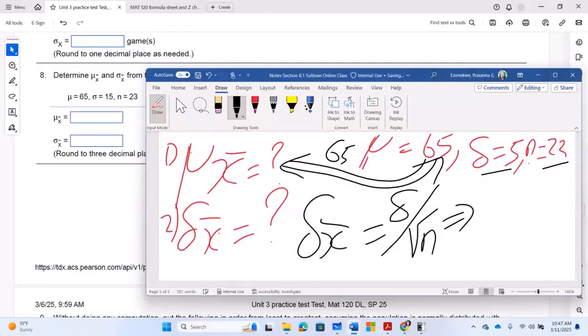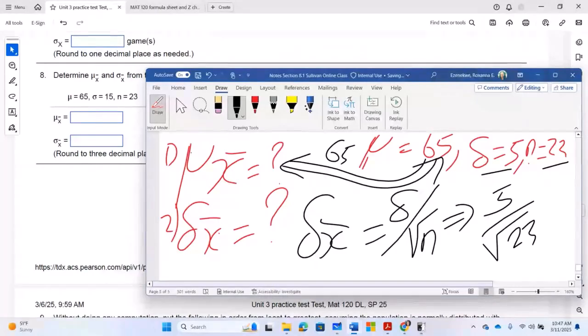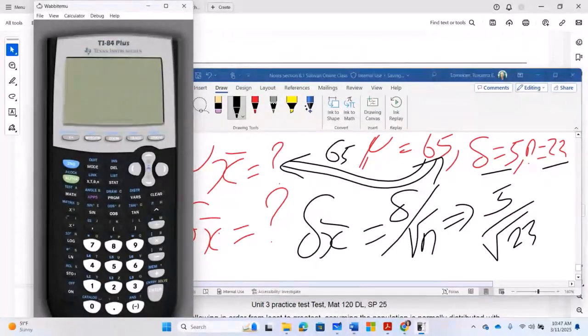I'll plug in 5 for the standard deviation and 23 for the sample size. All I need to do is get my calculator and simplify. Remember, the standard error is the standard deviation of central limit theorem, and the central limit theorem is called the mean of means.